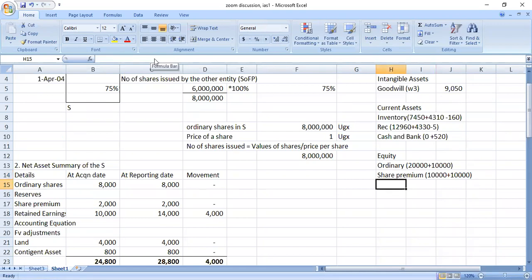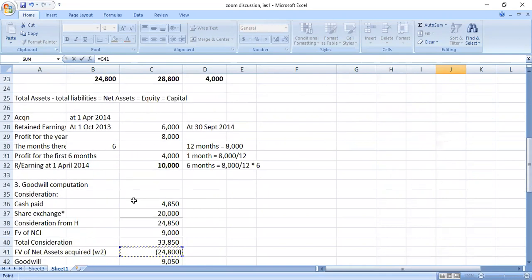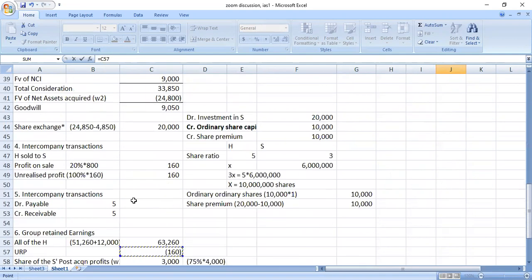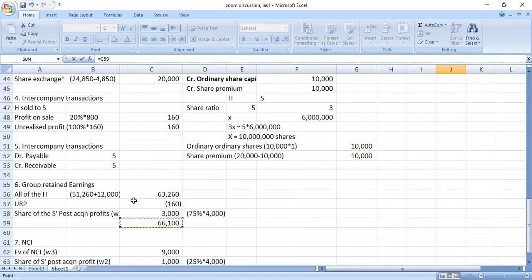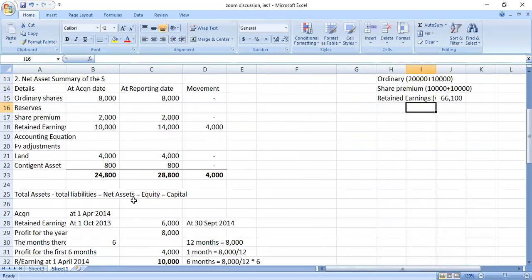Then we have retained earnings. Just bring the one for the group that we computed, which was working number 6, I think. Bring the figure, 66,100.